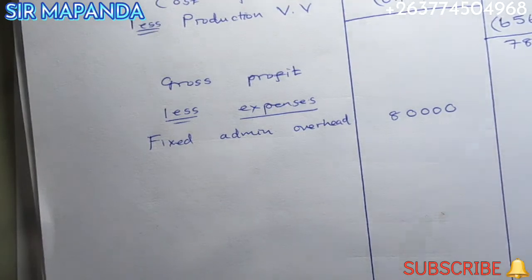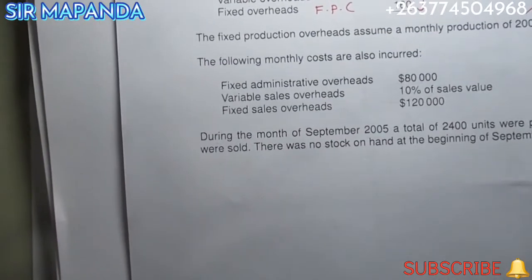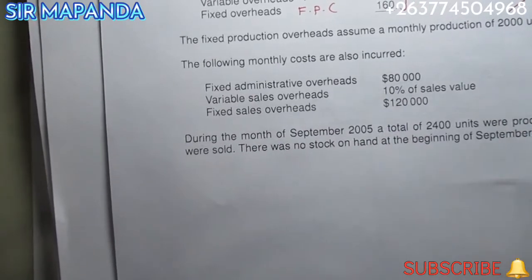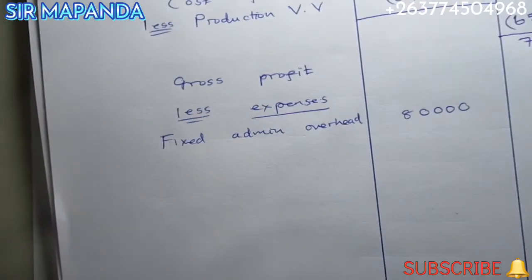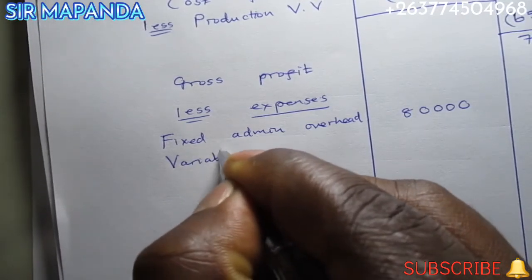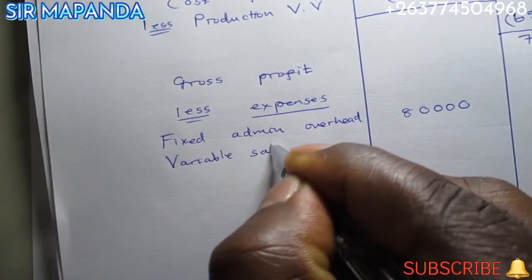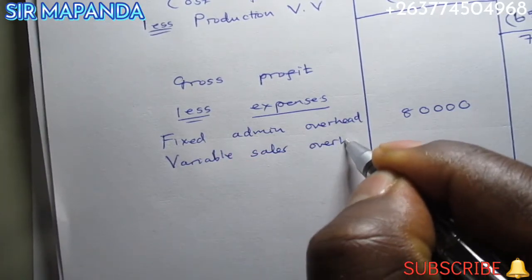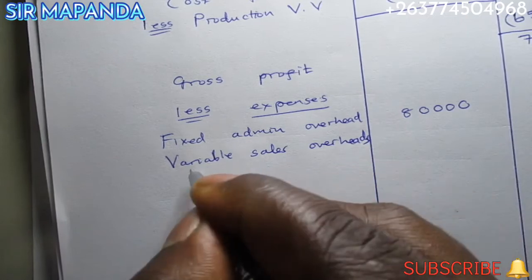Then we move on to variable sales overheads. Variable sales overheads are to be calculated using 10% of sales value. So let me write variable sales overheads, something like this. I hope you are following.